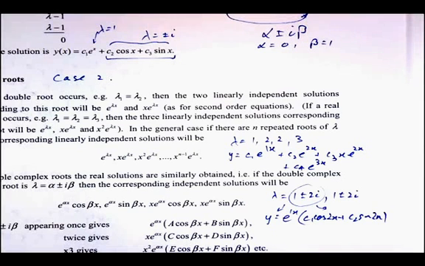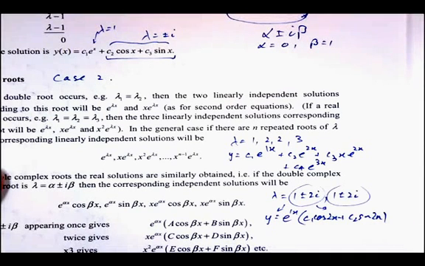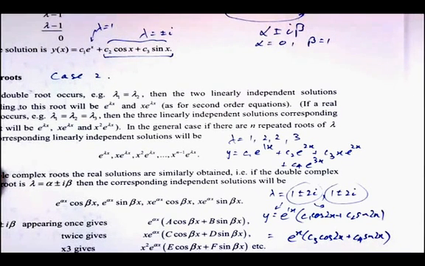What happens for this repetition is we would get another pair, e to the x times c3 cos 2x plus c4 sine 2x, except for the repetition, it also is multiplied by x.